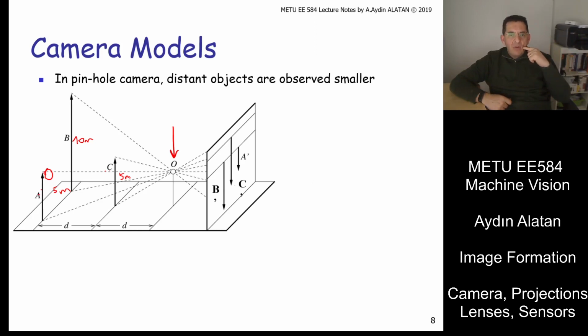Now, what is the observation that we see if we go, as we did before, this point goes to this point. This point goes to this point. That point goes to that point. Goes on like this. Finally that point goes to here and here. Now, as you can see, what do we see in our image at the end? We are dividing by the Z to obtain those lengths.